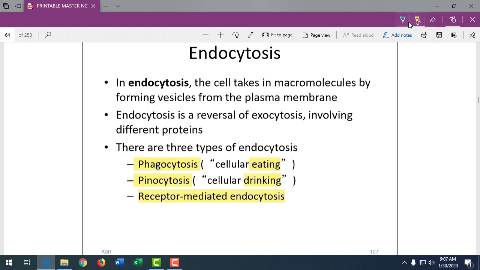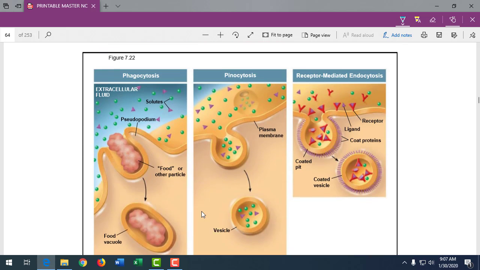And phagocytosis means the cell is taking in solids. So if it's a solid, like bacteria, we call that phagocytosis. And if it's some liquid substance, then it's pinocytosis. And receptor-mediated just means that substance has to bind to a receptor first.